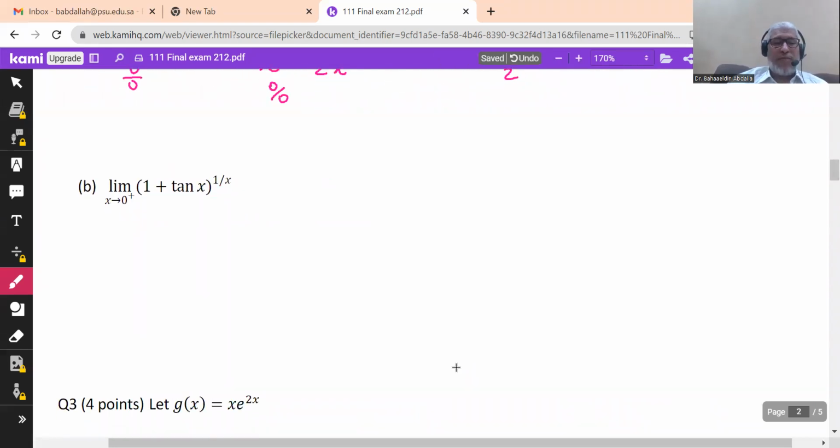Here, if I replace x by 0, tan 0 is 0. 1 over 0 plus is infinity. So I have 1 to the power infinity. This is an indeterminate form, which we solve by writing y equals 1 plus tan x to the power 1 over x, and then we apply ln to both sides.